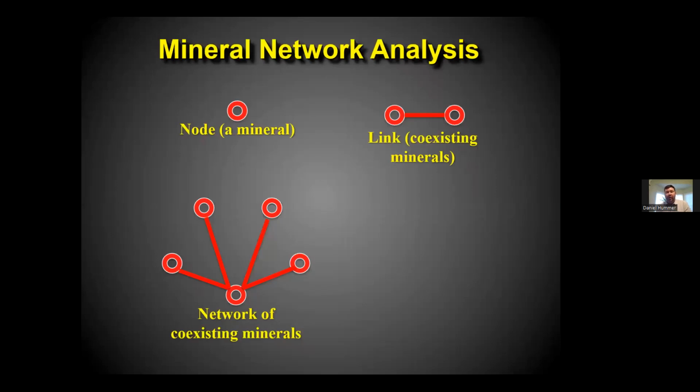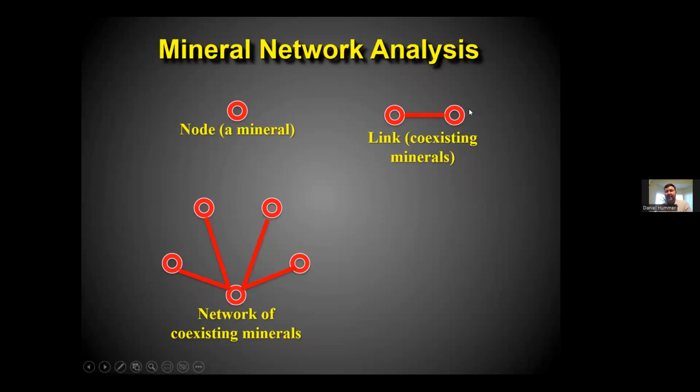So here's how this works. I'll show you a couple of examples of mineral network diagrams. Each spot on the diagram is called a node, and in all of these examples, they are going to represent a particular mineral species.